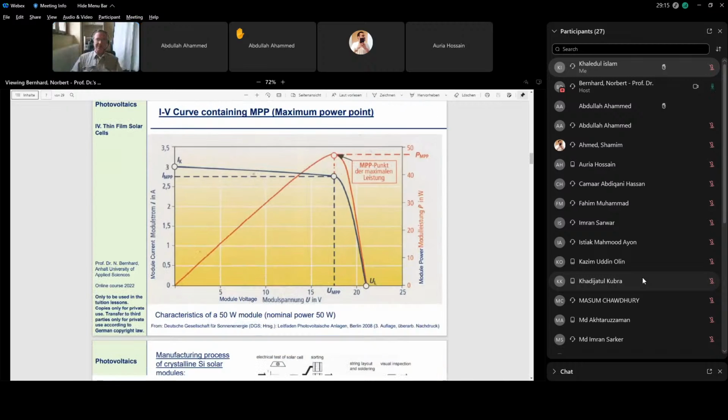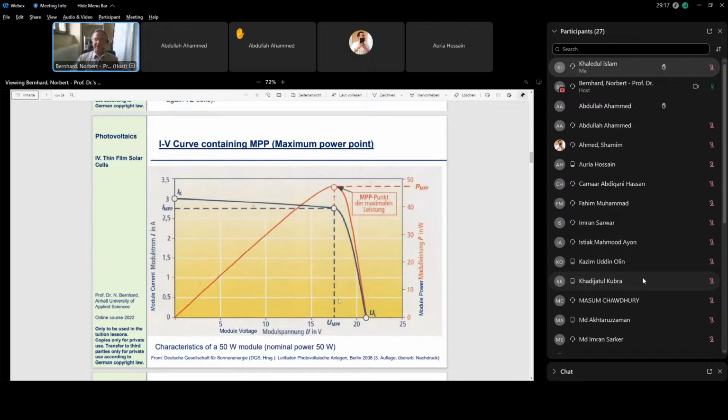Okay, let me remind you of the IV curve of such a module. You see the blue curve would be the IV curve, where here we have the open circuit voltage. Here we have the short circuit point, and if we just calculate the power, it is just current times voltage.